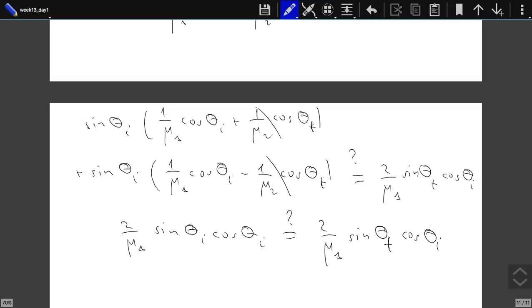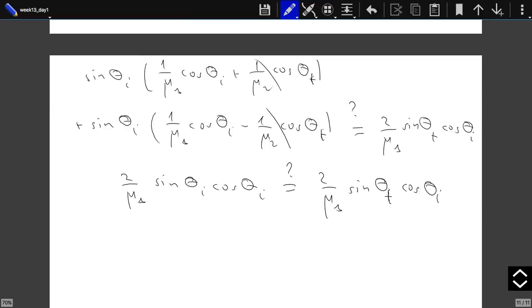Sine theta t. So what is wrong? The 2 mu1s we can cancel, cosine theta I's we can cancel. This gives us sine theta I is equal to sine theta t.